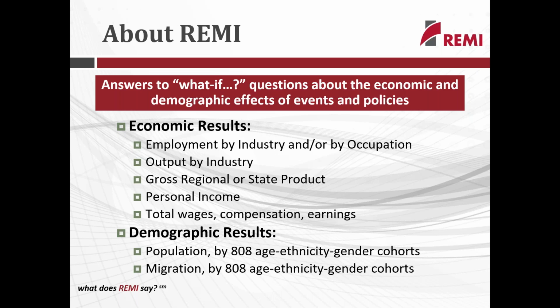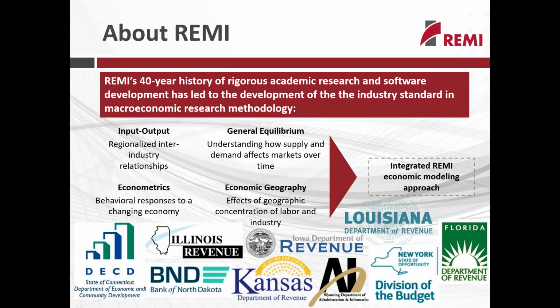And we can break down the answers to these questions both at the national level and at the regional level, and both at the high level, so just GDP in general, or employment in general, or population in general, and also break it down by industry or by demographics.